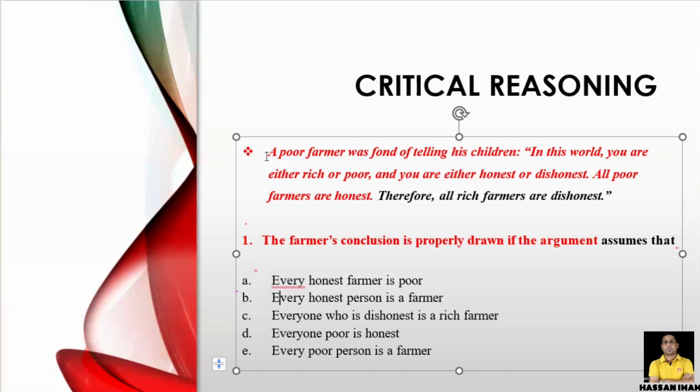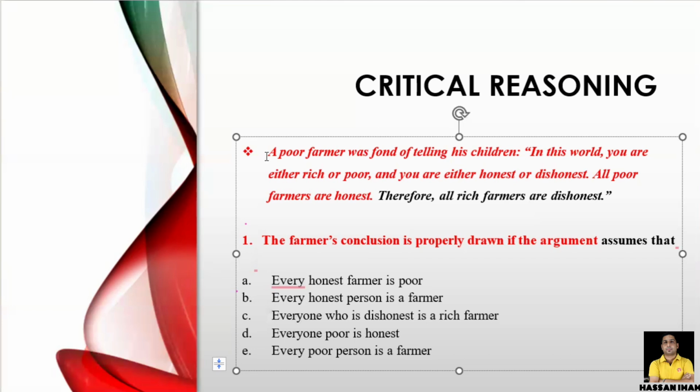But this is not every honest person. By the way, the question or the author's assumption is related to every farmer, not every person. Therefore, B is out.